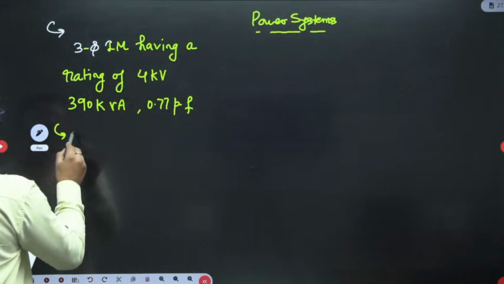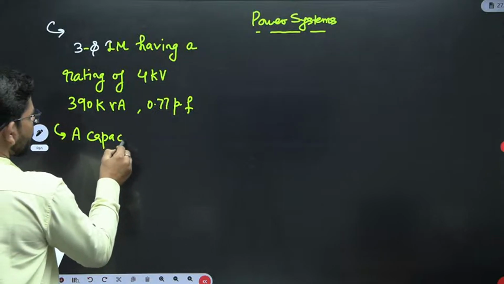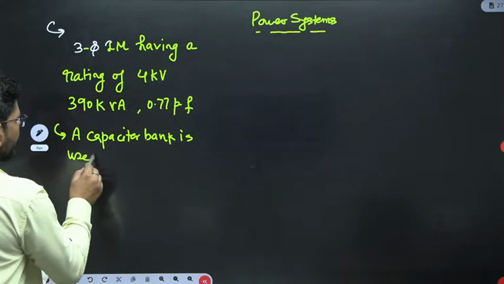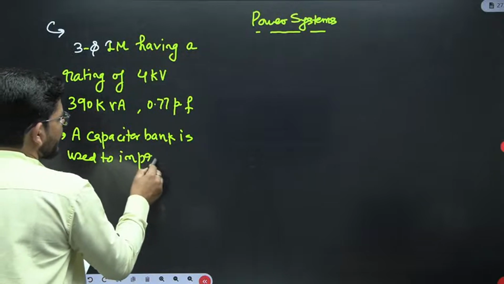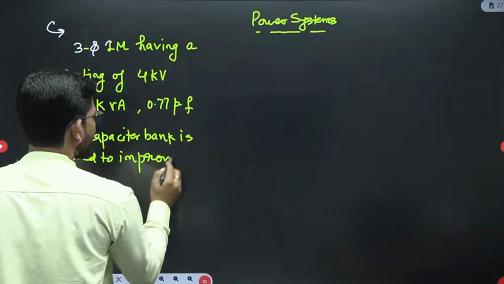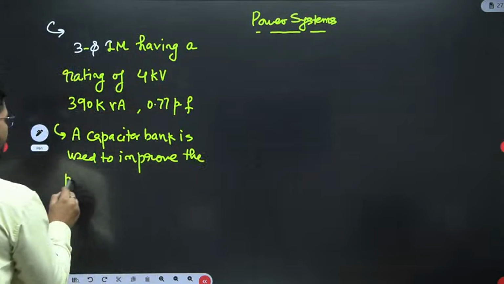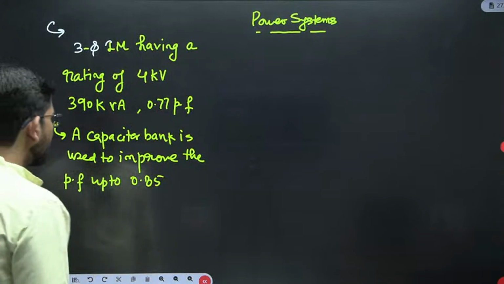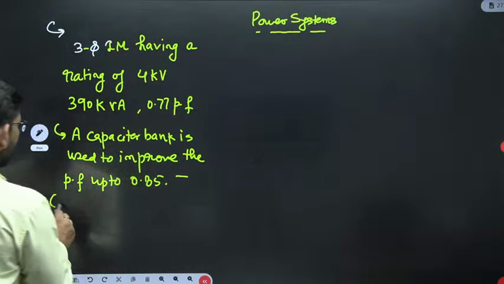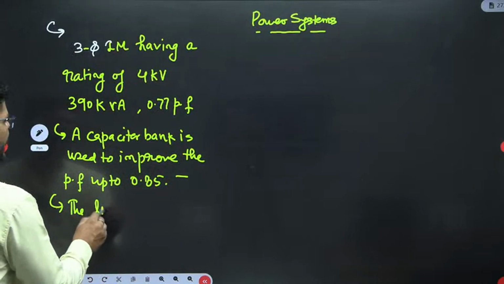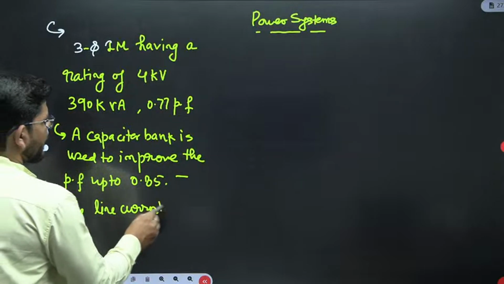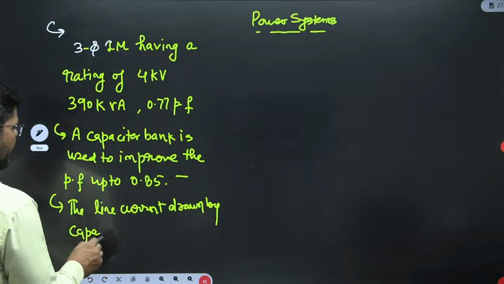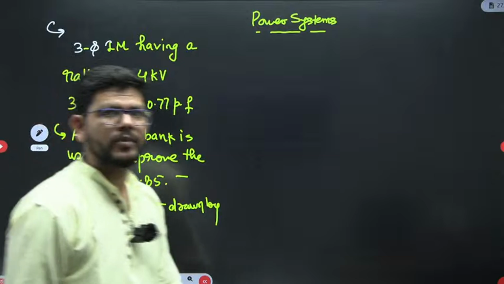Now a capacitor bank is used to improve the power factor up to 0.85. Then what you have to find is the line current drawn by the capacitor. This is what we have to calculate.